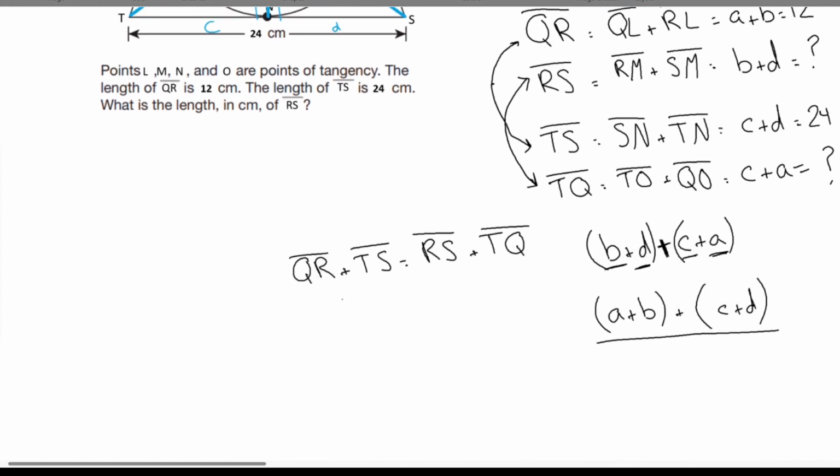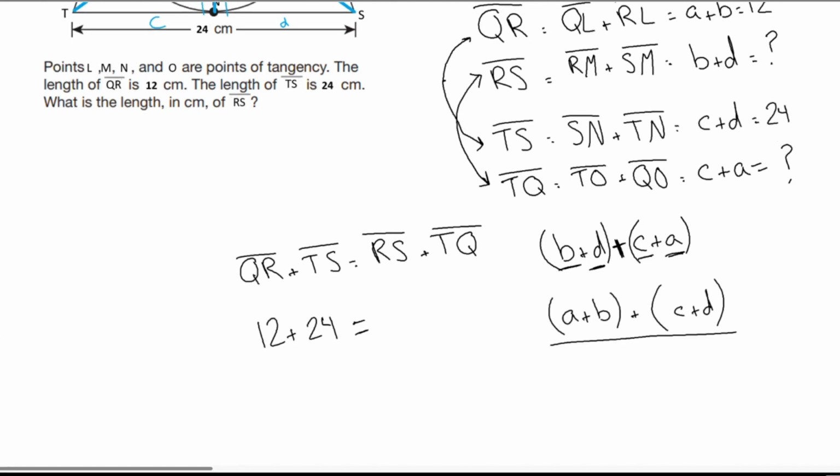We know that QR is going to be 12, TS is 24, and we know that RS, let's label this X, and TQ is the same, so X plus X, we'll just do 2X there. 12 plus 24, we get 36, which equals 2X.